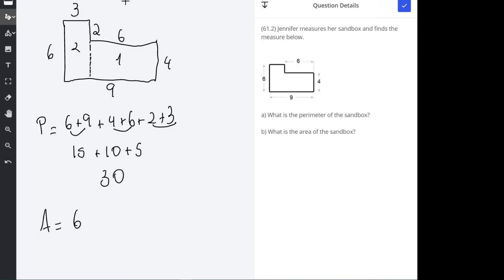It is 6 times 4 plus the other rectangle, 6 times 3. 6 times 4 is 24. Plus 6 times 3, 18. 24 plus 18, I borrow 2 here, will be 42 units square. The area is 42 and the perimeter is 30.